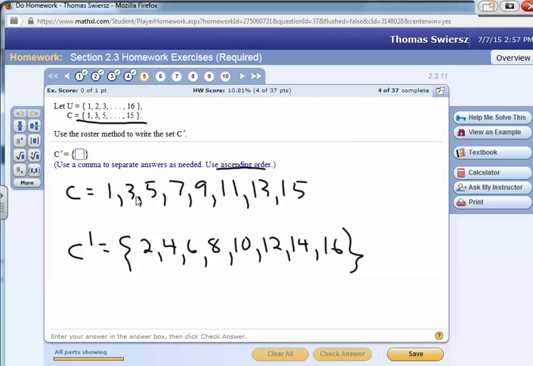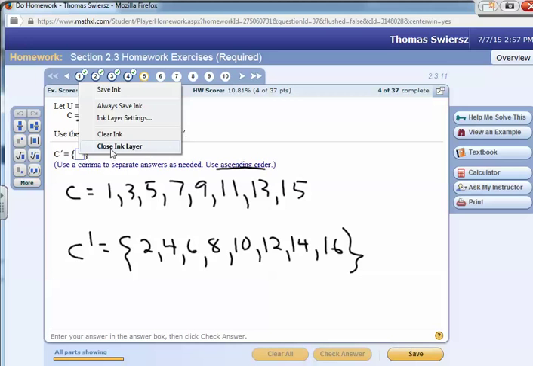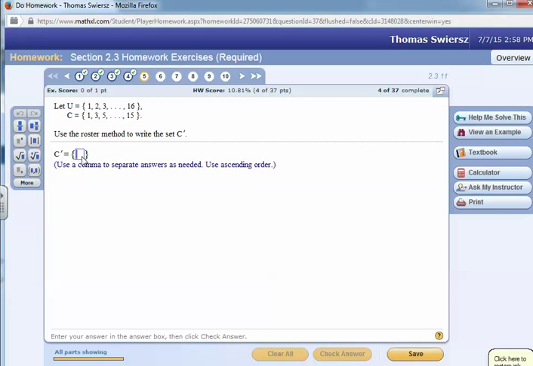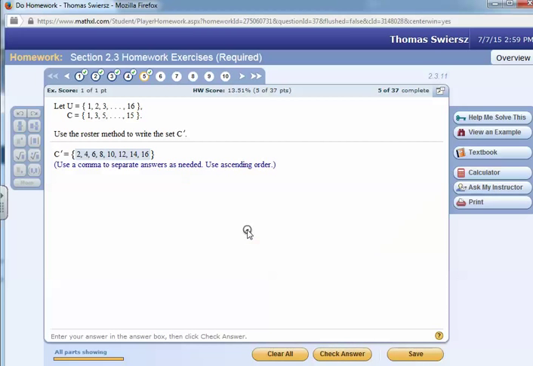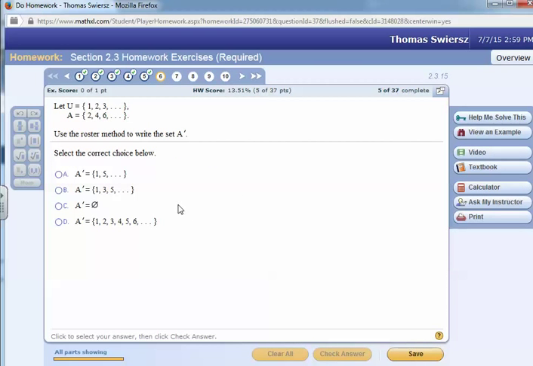Let's go ahead and put that in to verify we indeed got it correct: 2, 4, 6, 8, 10, 12, 14, and 16. We already have the braces, so all we have to do is put in the numbers. All right, very good.